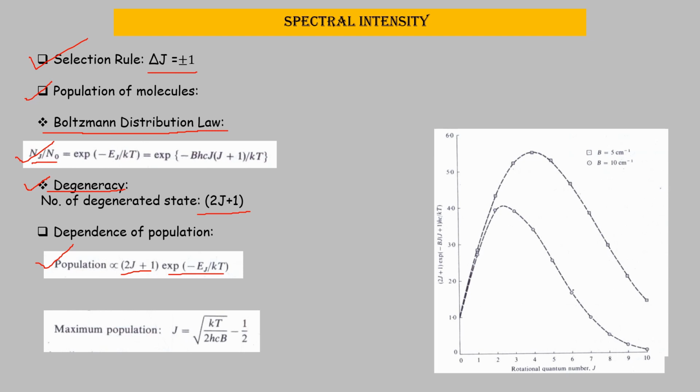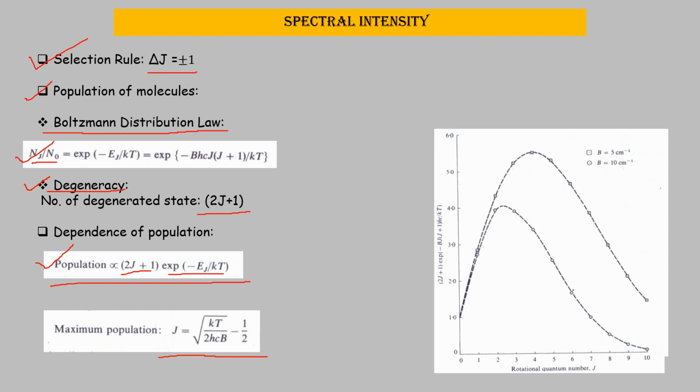So it is represented as population proportional to 2J plus 1 into e to the power minus Ej by kT. If we differentiate this equation, we get the maximum population at the nearest J value, which is J equals root over of kT by 2hcB minus half.